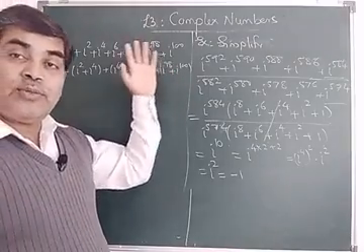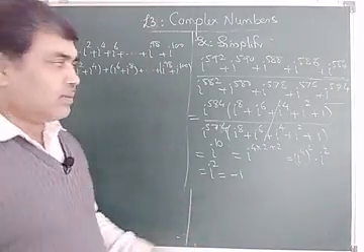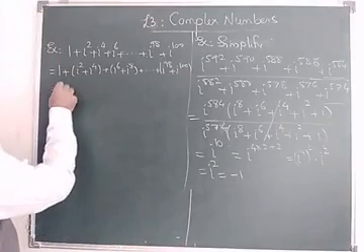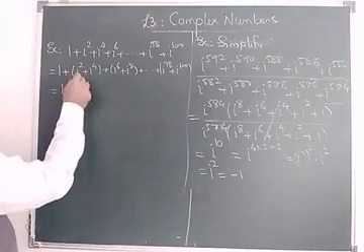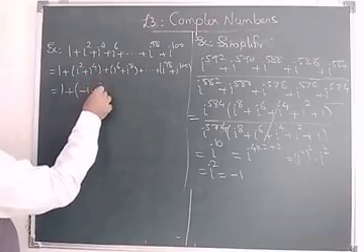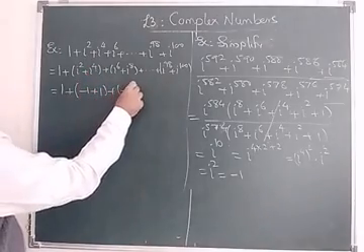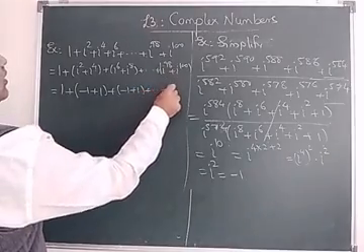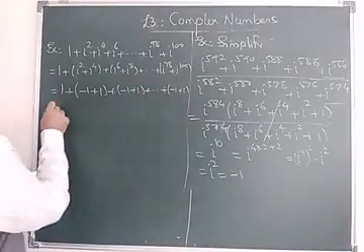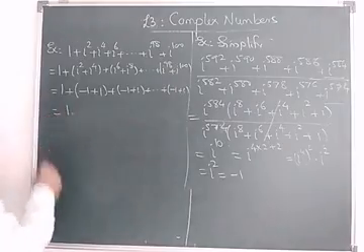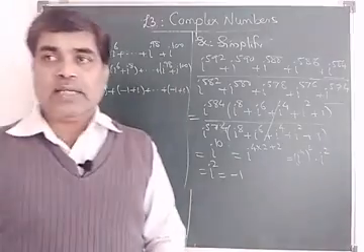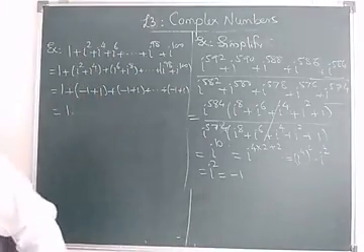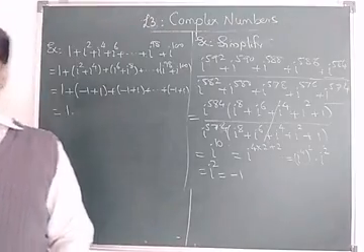And i raised to that 24 must be 1. So this is just 1 plus i square is minus 1, i raised to 4 is 1, this is minus 1 plus 1 and so on. This bracket takes 0 value, so we'll get the value 1.